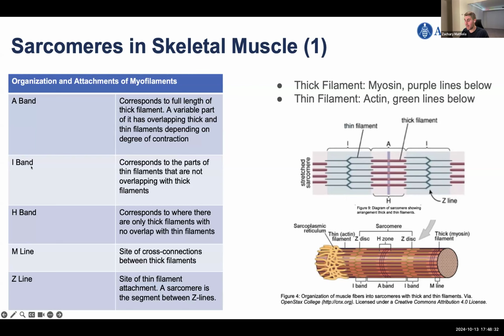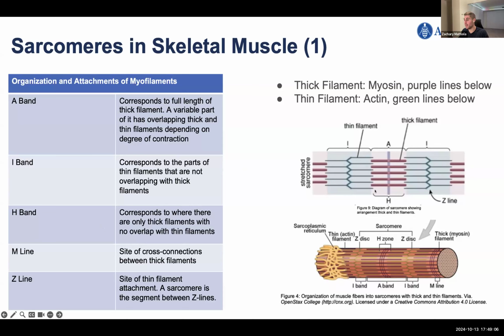The I band corresponds to parts of the thin filament that do not overlap with the thick filament. If you see this little portion right here of the thin filament overlapping a little bit with the thick filament, that's not a part of the I band. The I band starts right here where this actin isn't overlapping with the thick filament, and it comprises this entire portion right here until we get to the portion that's not overlapping with the thick filament on the other side.